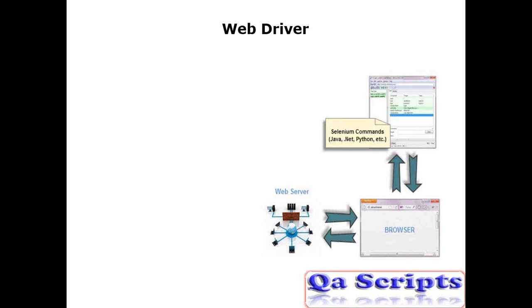So here, as I explained, we are going to write the Selenium test script in Eclipse using different languages, that is Java, .NET, Python, and so on, and we're going to run it directly without starting any servers in between, because it has classes, or I can say it is capable enough to directly interact with the browser's JavaScript.